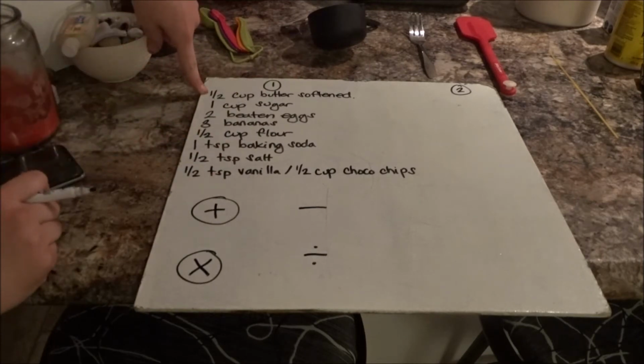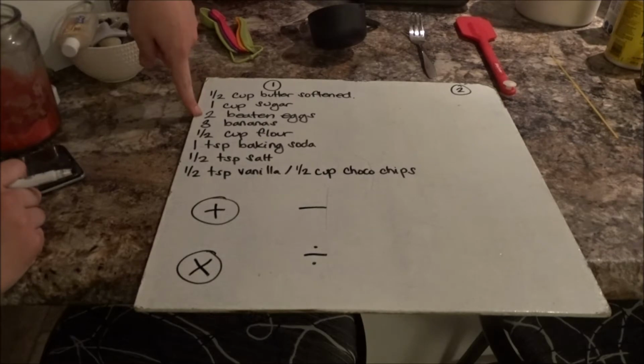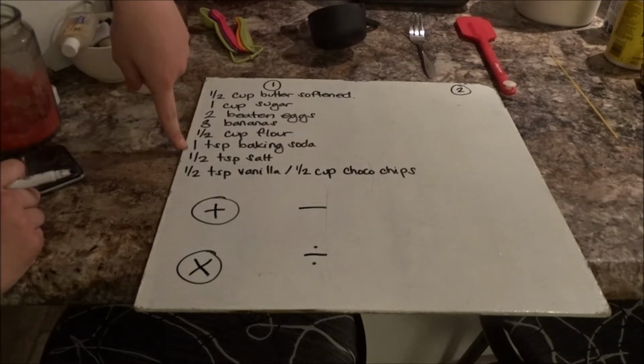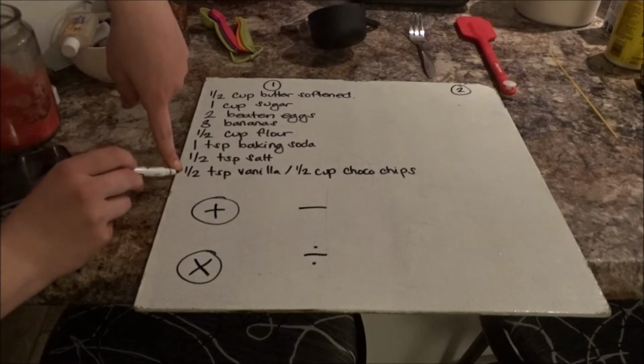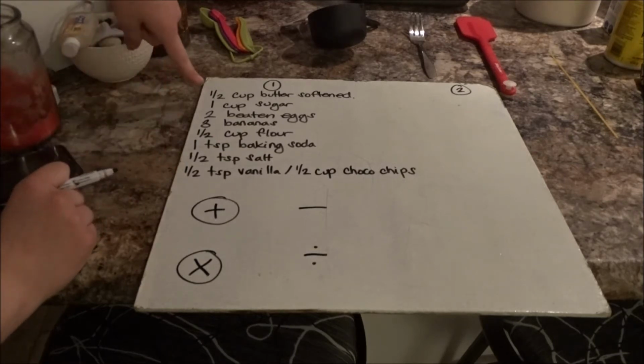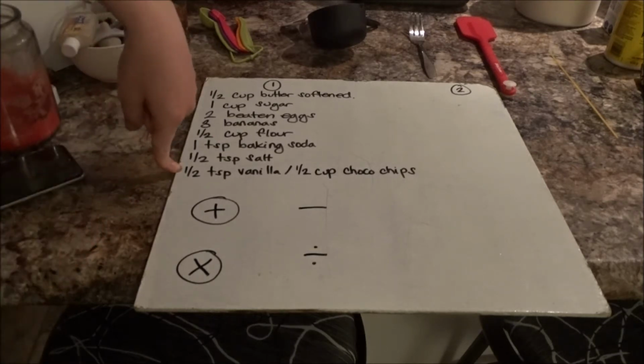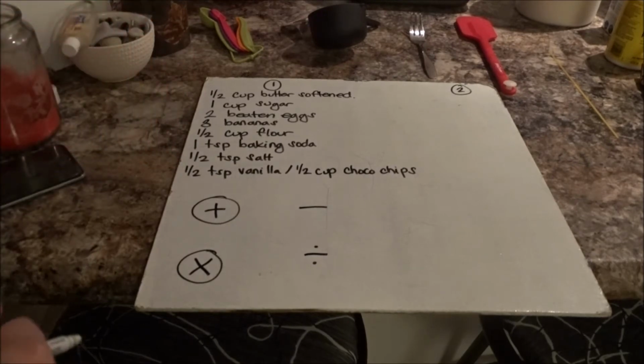So all you need to do is look at these numbers and either times them by 2 or add that number to itself. And there's even fractions in here. Math is loaded when it comes to cooking and baking, but that's part of the fun of it too. So you get to learn and you get to taste some deliciousness.